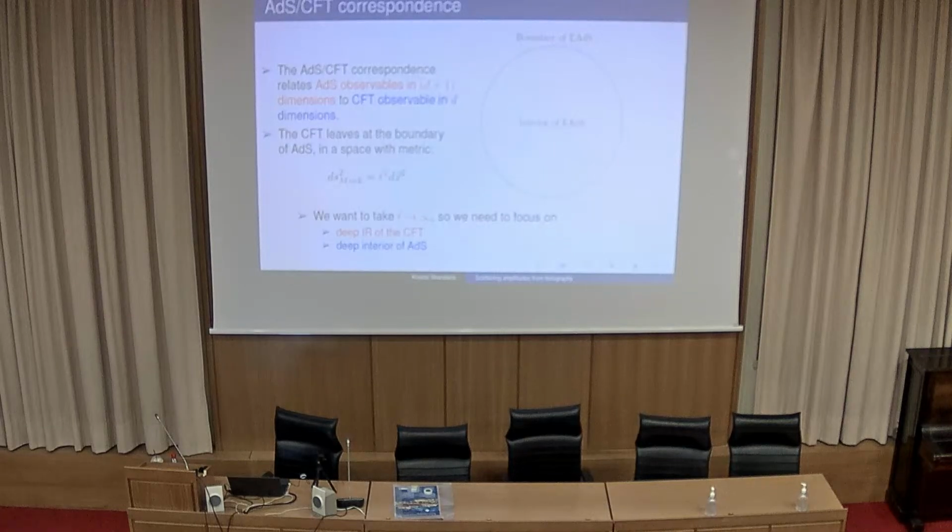Okay, now to tell you how the limit works, I have to tell you a couple of things about AdS/CFT. In AdS/CFT, we get a relation between AdS observables and CFT observables. Roughly speaking, it works like this. Euclidean AdS you can think of as a ball, where the boundary is this blue circle and the interior is here. And now the CFT lives at the boundary of the space.